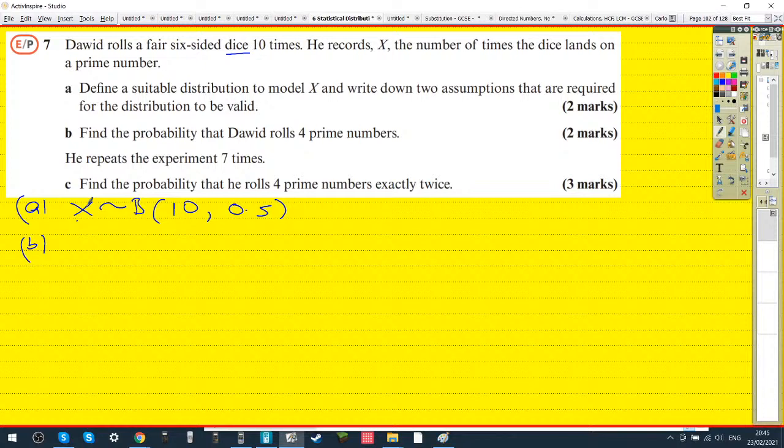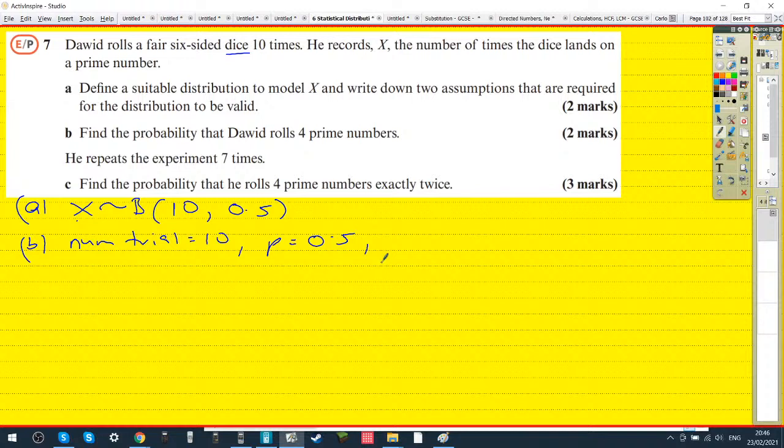So the number of trials is 10. Probability is 0.5. The upper is 6. No. He rolls 4 prime numbers in 10 rolls. So the upper is 10. No. Not 4 or more.